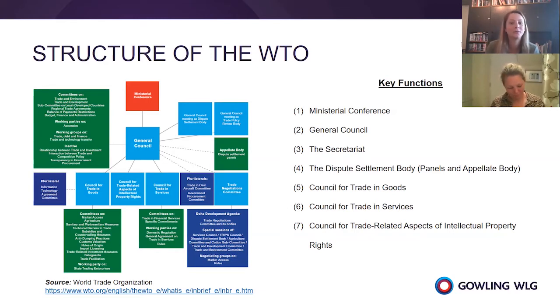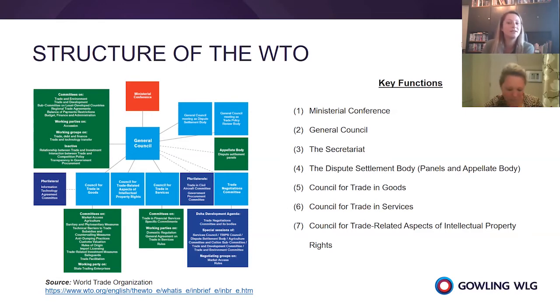At the top of the structure, we have the Ministerial Conference, which is the highest level and meets every 2 years. Then the day-to-day work in between the ministerial conferences is handled by 3 bodies: the General Council, which is made up of delegates from all member countries and its various sub-councils and committees listed on the screen; the Secretariat, located in Geneva, which is headed up by the Director General, who is appointed by various members.